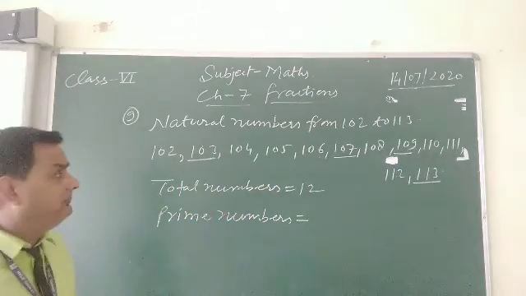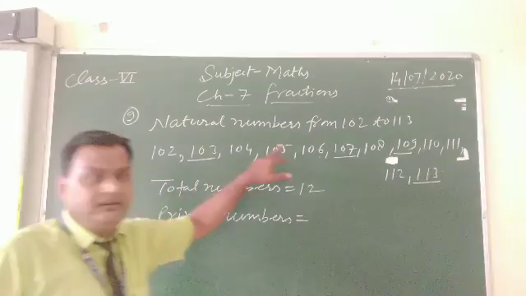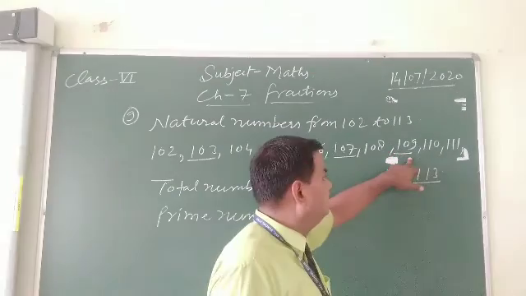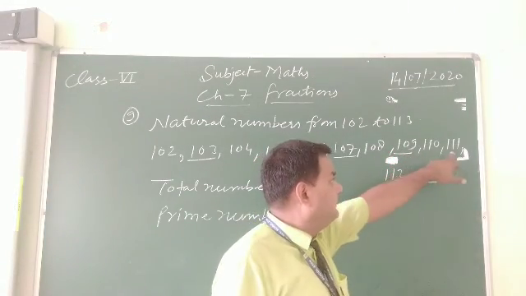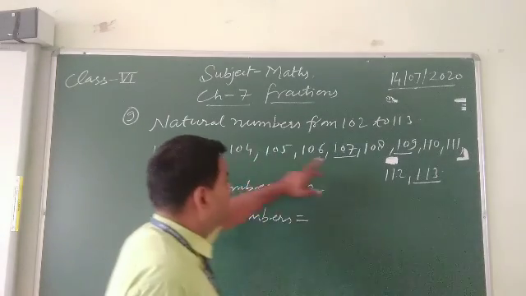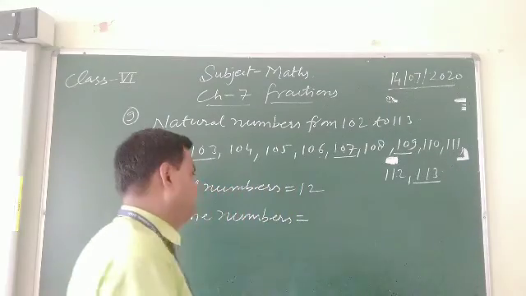These are the prime numbers. Prime numbers are 103, 107, 109, 113. So prime numbers are 1, 2, 3 and 4. There are 4 prime numbers.